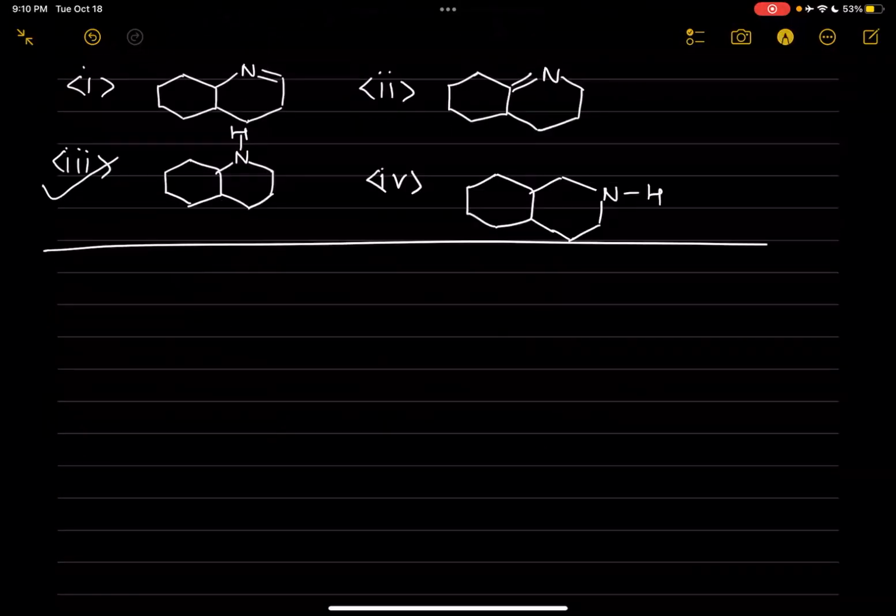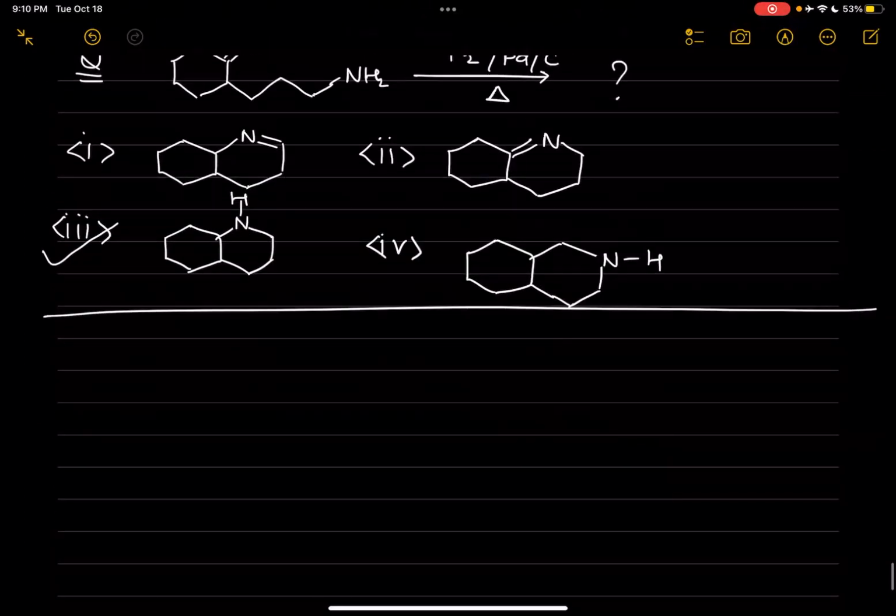Now the next thing is, what other nucleophilic addition reaction are you aware of on aldehydes and ketones? Any other nucleophilic addition reaction?